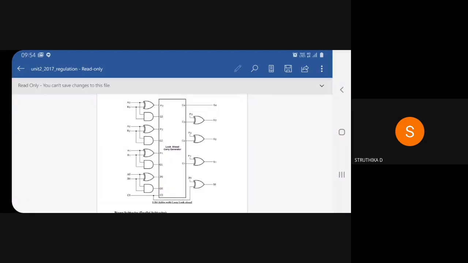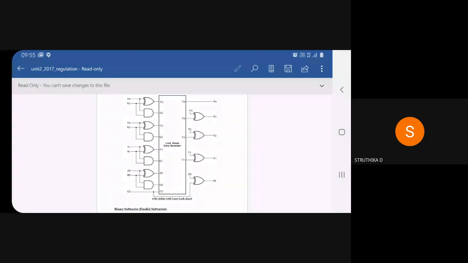So we have to give the connection, or we have to design a circuit for the addition process separately. From a half adder circuit, what do we see? One XOR gate and one AND gate. So for each bit, a half adder process happens separately. Its output is what I am giving to the carry look ahead adder IC.